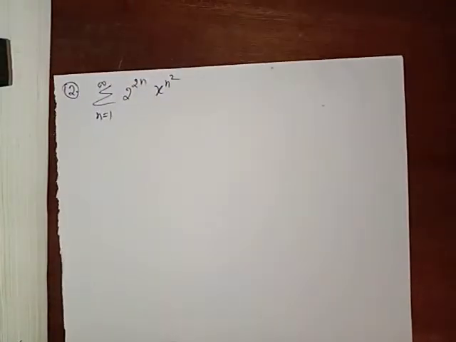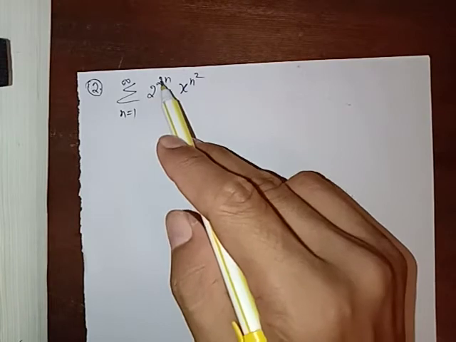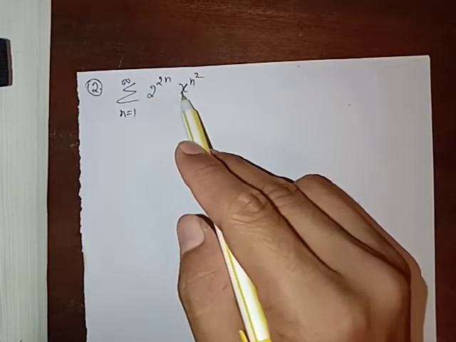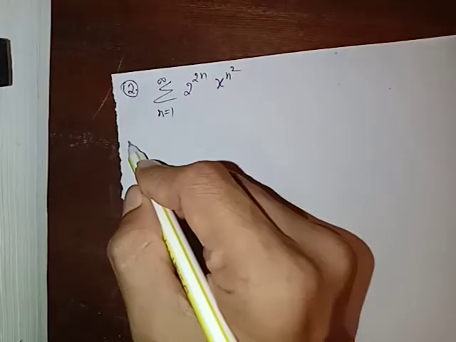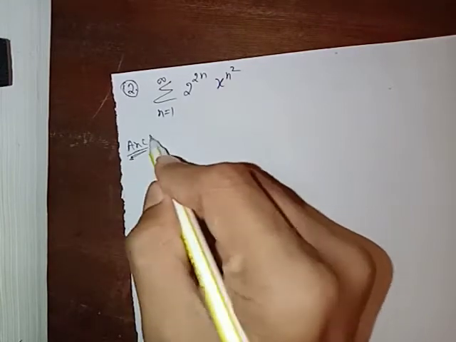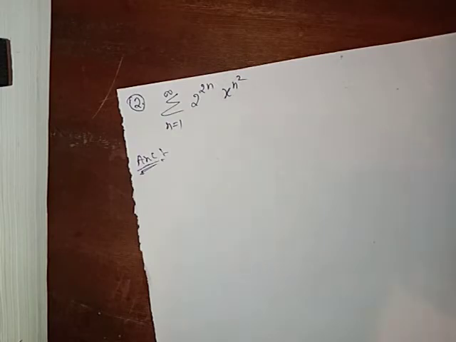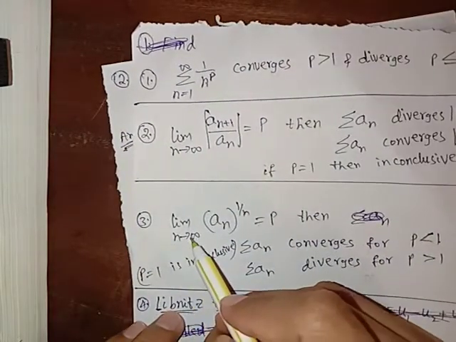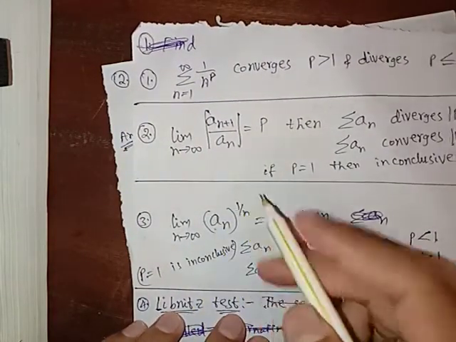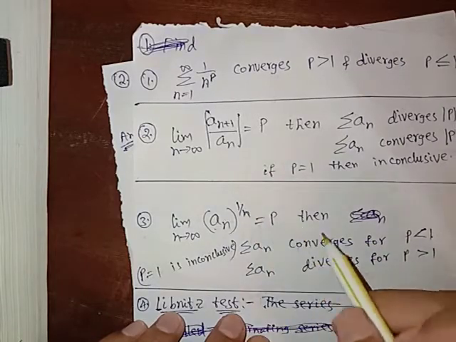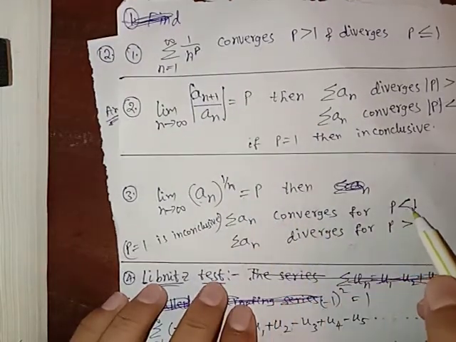Now the second problem is 2 raised to 2n into x raised to n square. Now we know that limit n tends to infinity, a_n raised to 1 by n is equal to p. Then if p is less than 1, this series converges.